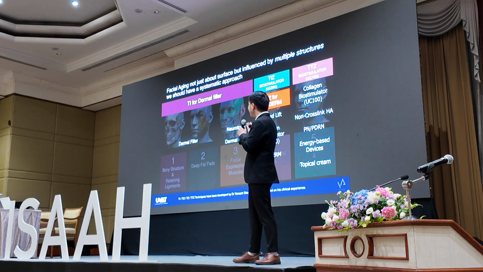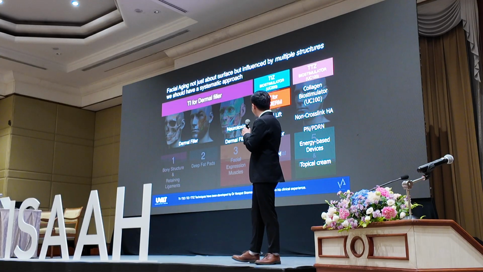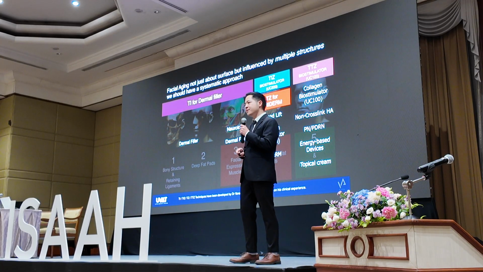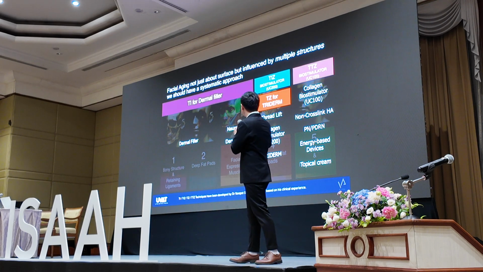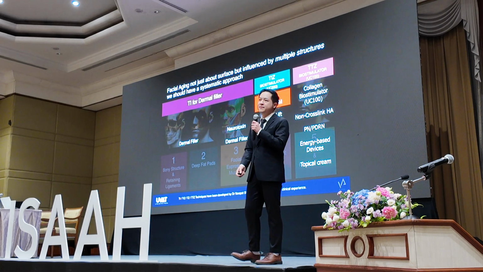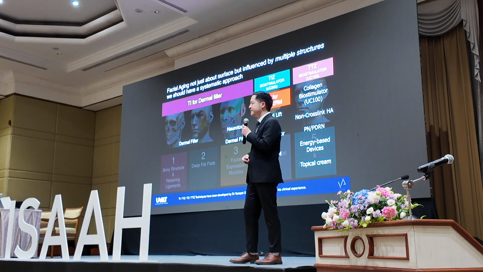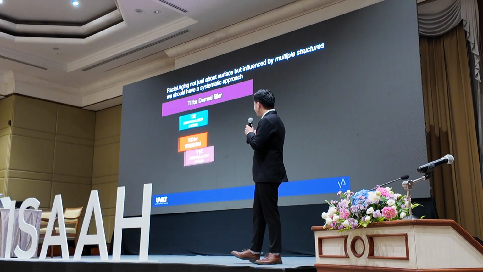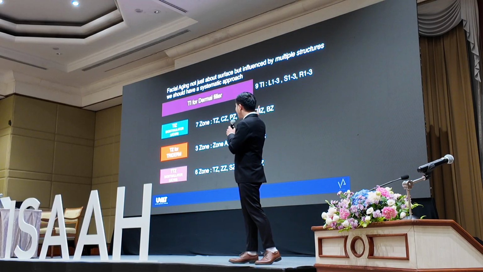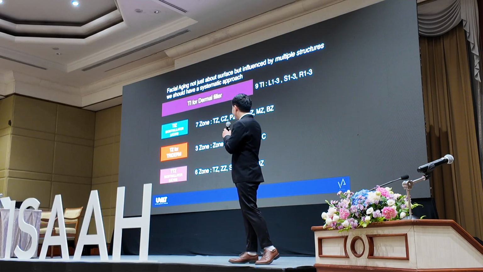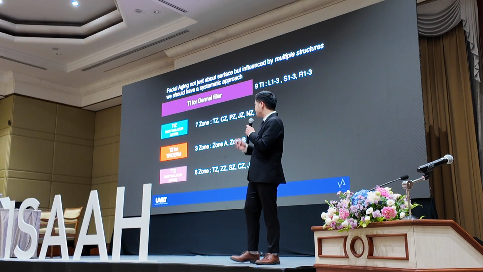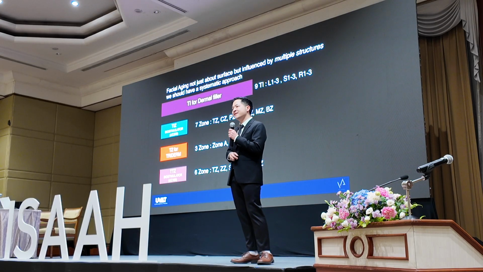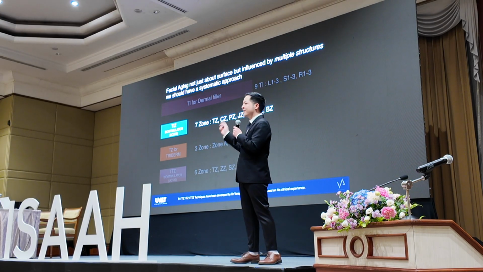It's called TI for dermal filler, TIZ for biostimulator, TZ for dry derm, and also PDZ for biostimulator for 100. We have about 9 codes for TI, 7 codes for TIZ, 3 codes for dry derm, and also 6 codes for TDZ. So today I will focus on only one, okay?